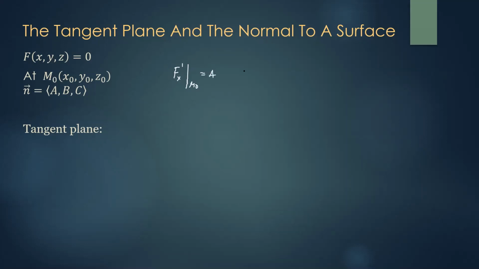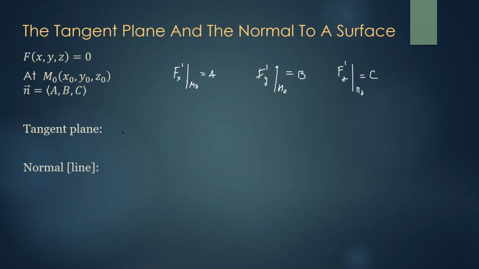So this is A, this at the same point M0, this was B, and the derivative by Z at the point M0 is C. So for the tangent line, we already had the equation. If you wrote it down, you already have it. And the normal is a line.